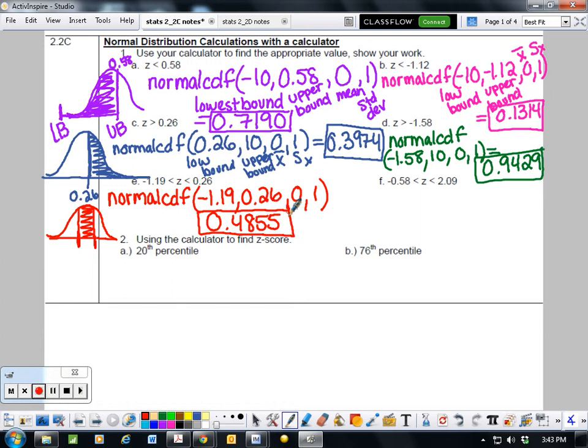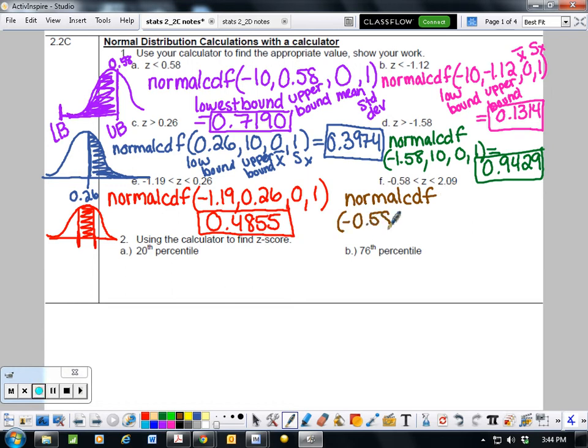So for our next one, we're going to do the same sort of thing. So normal CDF. And if you haven't been using your calculator at the same time, I highly recommend doing this to make sure that you're doing it right. Because you don't want to not practice this and then come to a test and have to fumble your way through this. So our lowest value is negative 0.58.